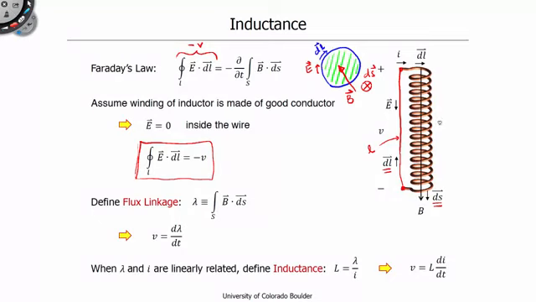In this example, if we assume that there are n turns, then the flux linkage lambda will equal n times the total flux phi that we had defined earlier.